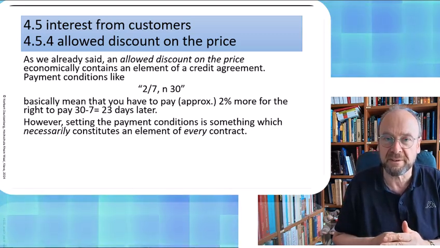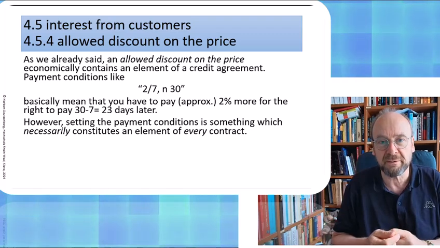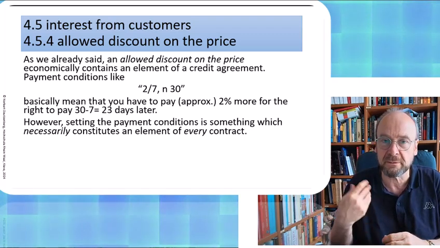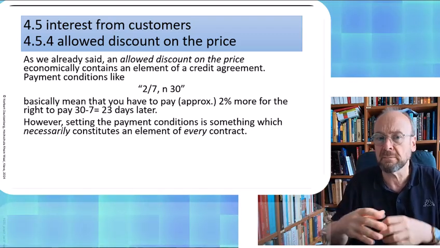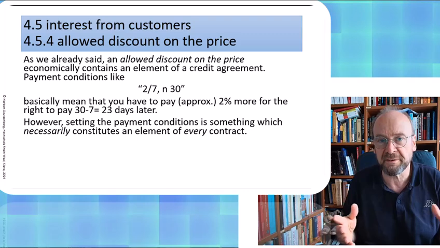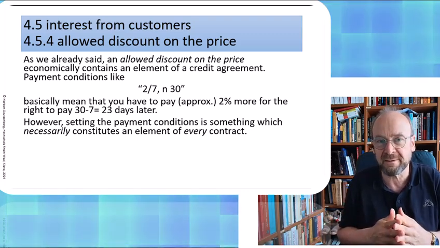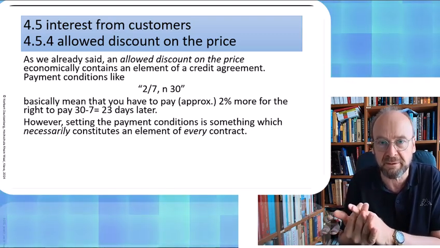And now the problem is that when you set up a contract concerning a service or a delivery, you always have to agree on some payment conditions. It's virtually not possible that a contract has no implicit or explicit payment conditions.